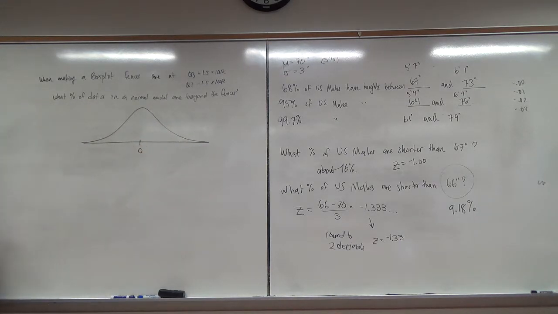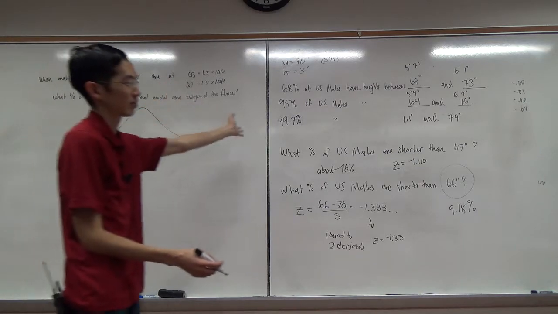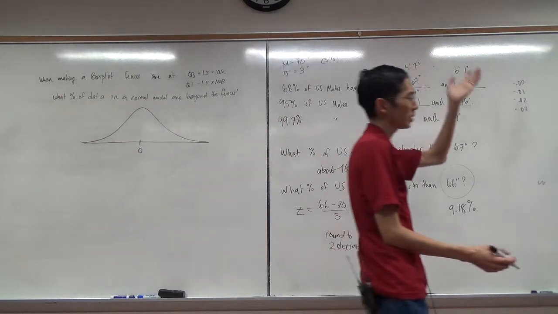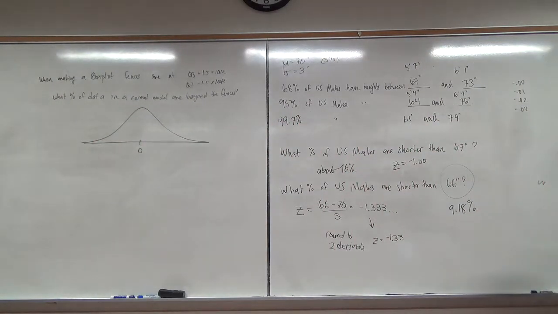So here's a normal model. We're going to go with the standard normal model. And what we want to do is figure out where the fences go on the normal model.